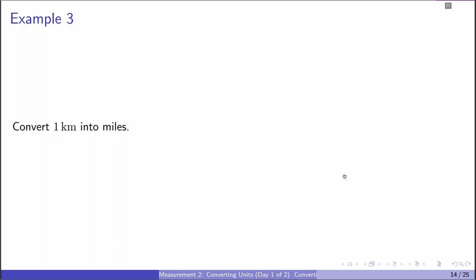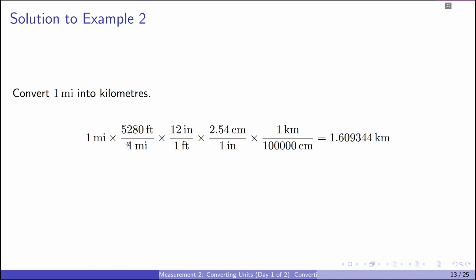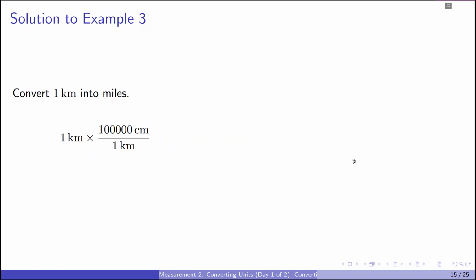All right, converting 1 kilometer into miles. We're just going to take all of those same conversion factors, everything we saw here, and do them the other way around. So 1 kilometer is 100,000 centimeters. 1 inch is 2.54 centimeters. We're trying to cancel our centimeters so they go in the denominator, just like the kilometers went in the denominator in our first fraction.